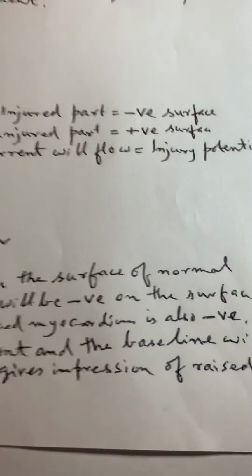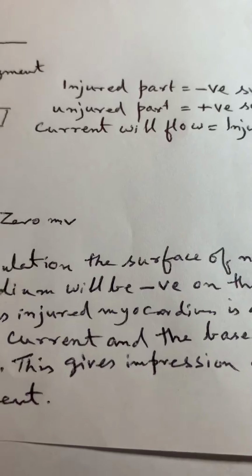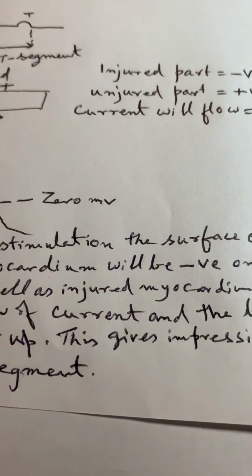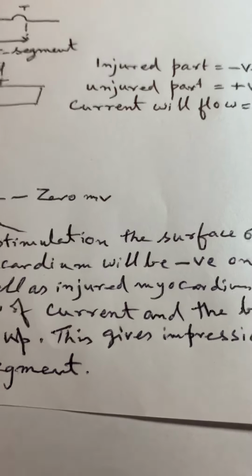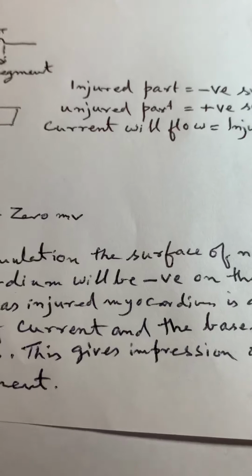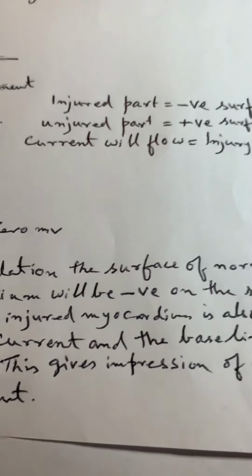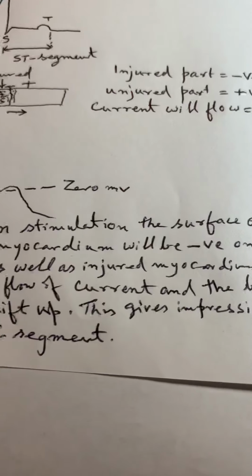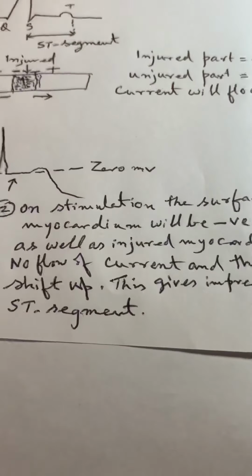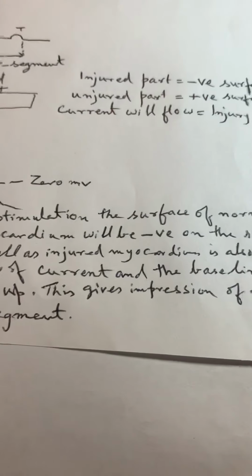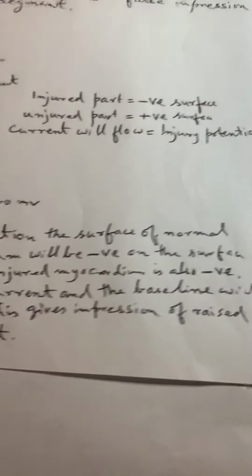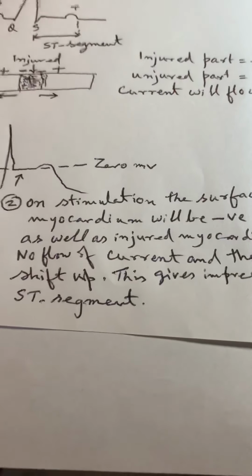When you depolarize, depolarization means negative outside, positive inside, and the injured portion is already negative on the surface. Now no current is flowing and the baseline will shift up.